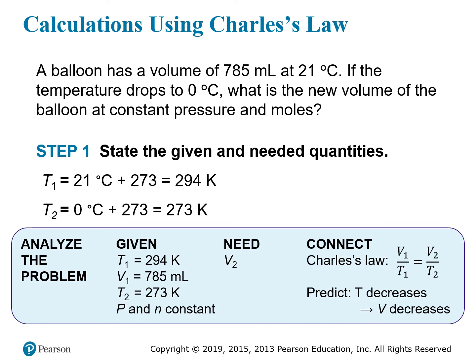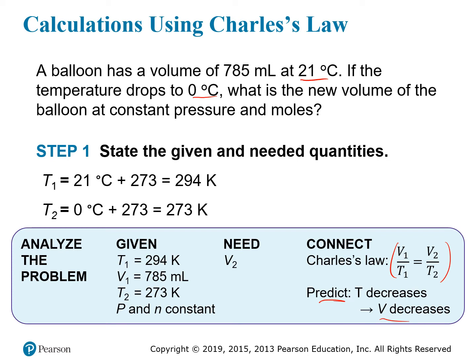When we analyze this problem, it should be clear that we're given the relationship between volume and temperature, the temperature is changing, and we're trying to see how the volume changes as a result. So we need to use Charles's law. We can also predict that since the temperature is decreasing, going from 21 degrees Celsius to 0 degrees Celsius, we're cooling this gas down, so we would expect the volume to decrease as well.